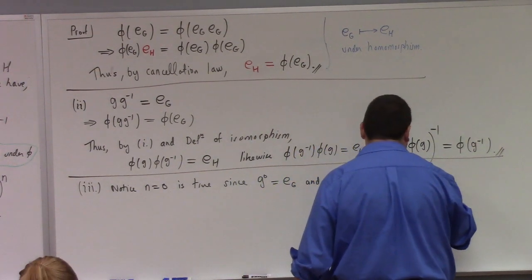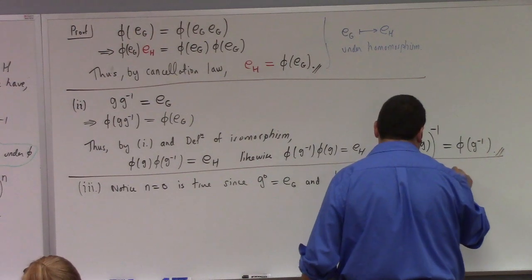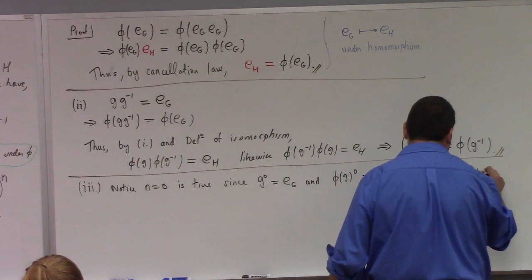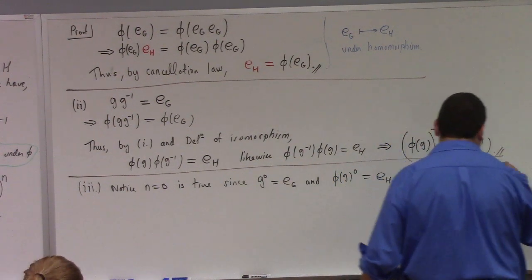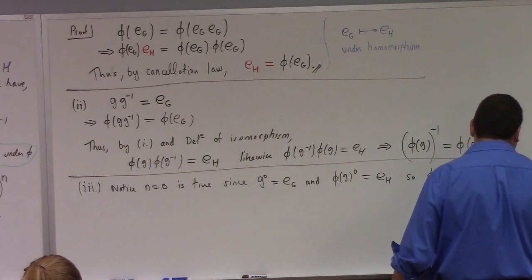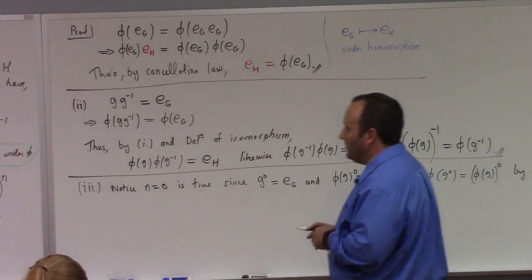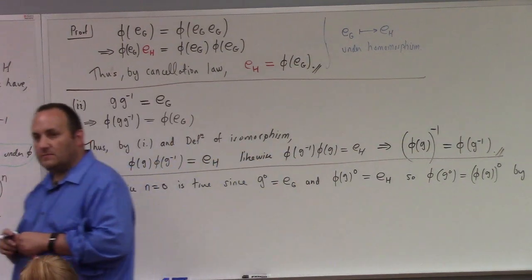So phi of g to the 0 is equal to phi of g to the 0 by 1, because in part 1 we proved that the identity maps to the identity.